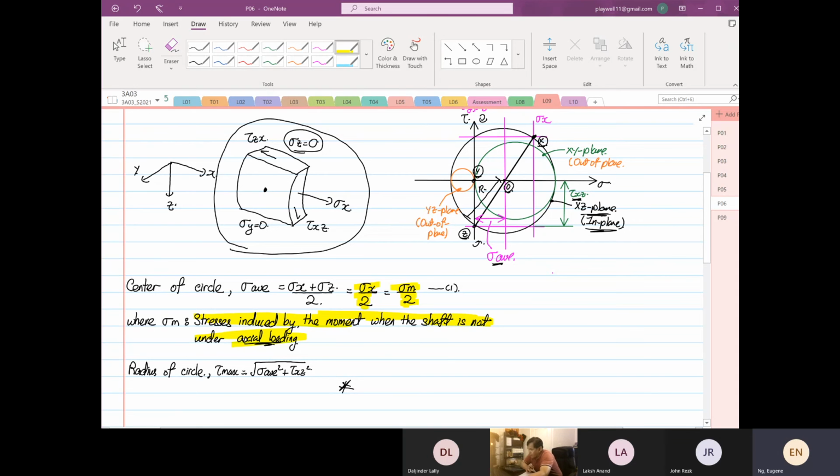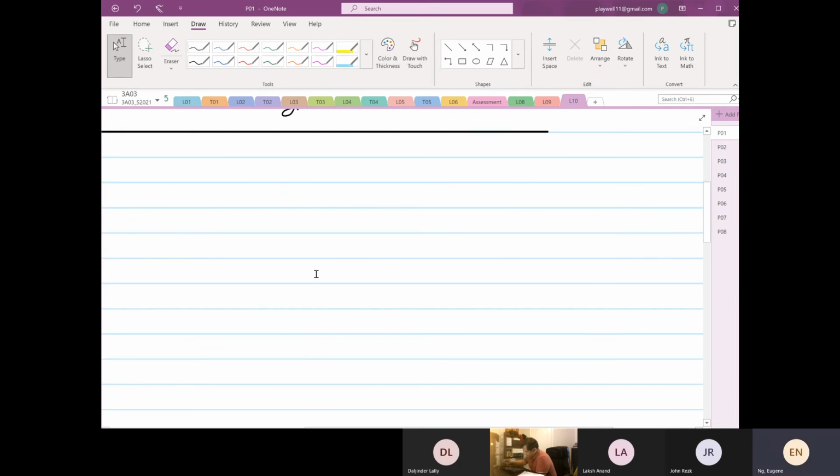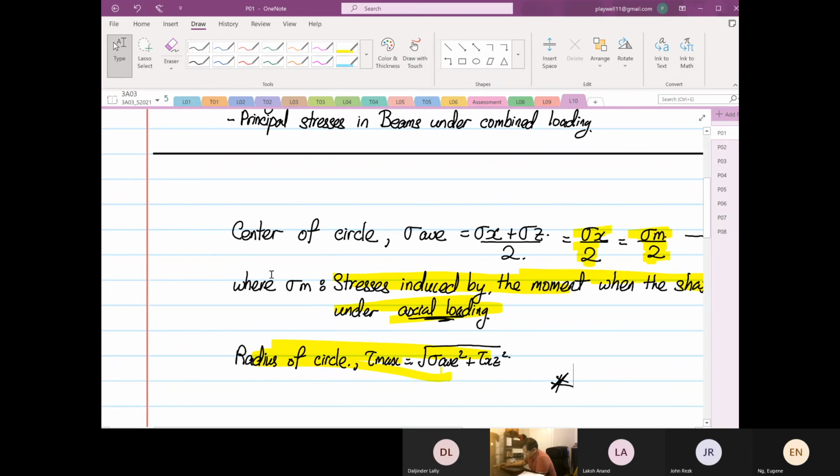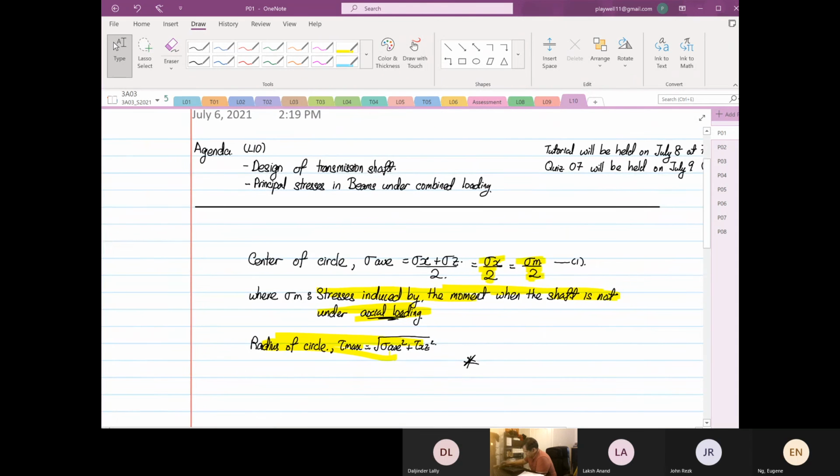So here we are focusing on the shaft that has a torque and a moment without axial loading, and we last stopped at the radius of the circle. I'm going to cut and paste this entire term over to today's lecture.